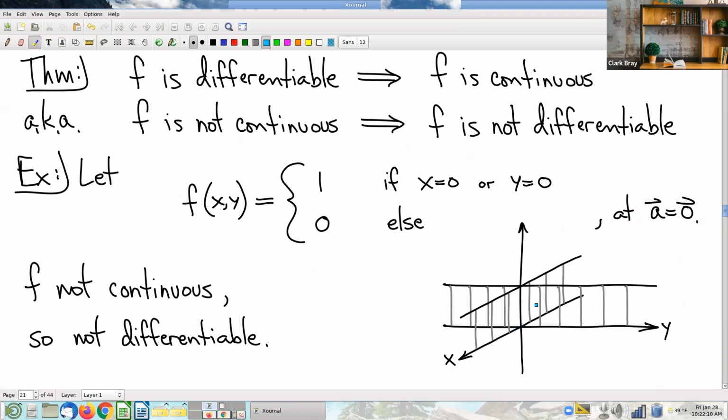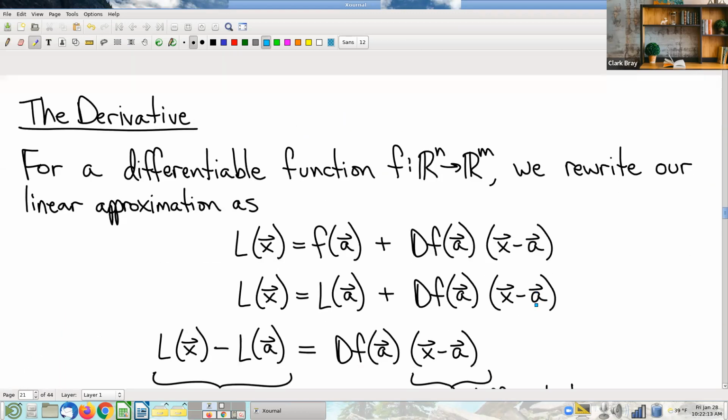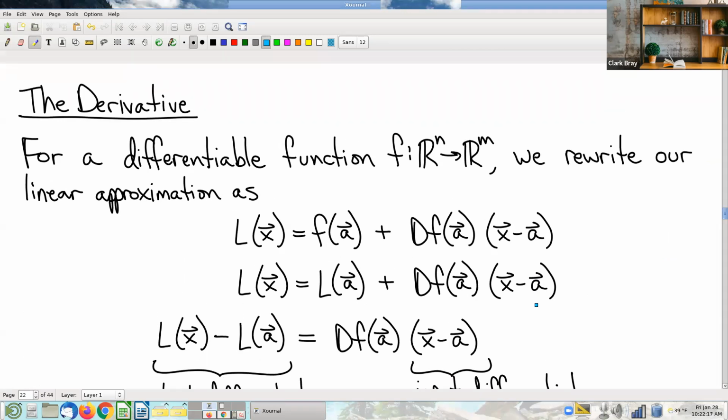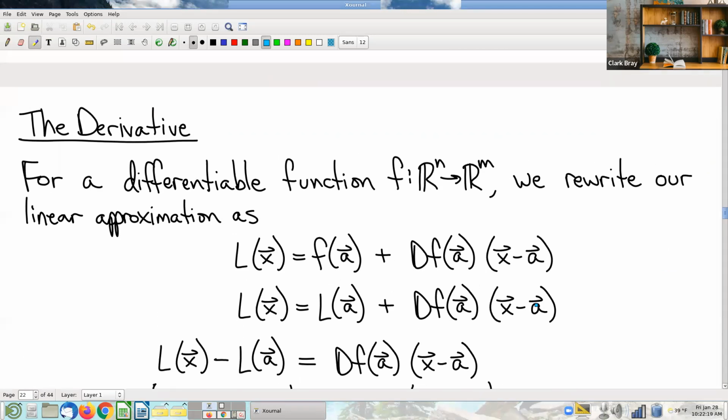All righty. So moving along, this is going to kind of put a cap on section 2.3. So what is this thing that we found called DF? We've talked about this previously as the thing that works in the linear approximation. We've already observed that it's linear.